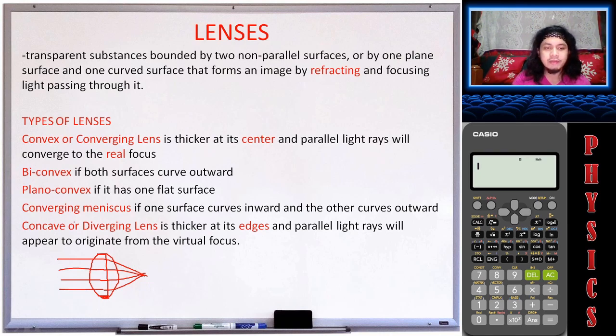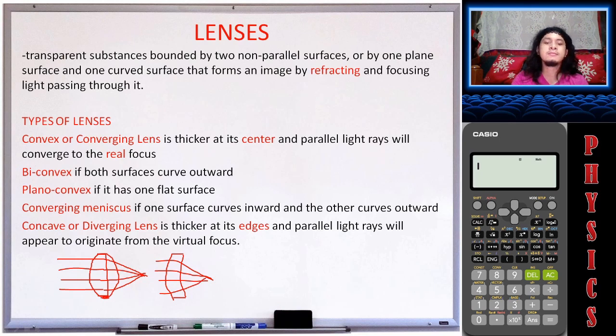And then we have the converging meniscus, if one surface curves inward and the other curves outward. Ganyan din, ang tendency ng mga light rays, mag-converge sa isang point.